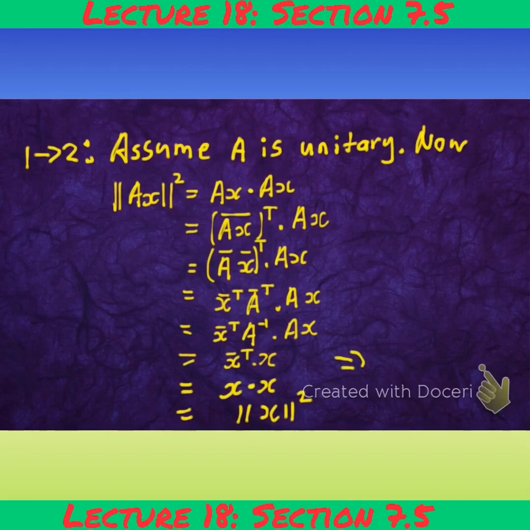And that is going to imply that, taking the square root on both sides, and because the norm is always positive, we have that this needs to be the same as that. Okay.